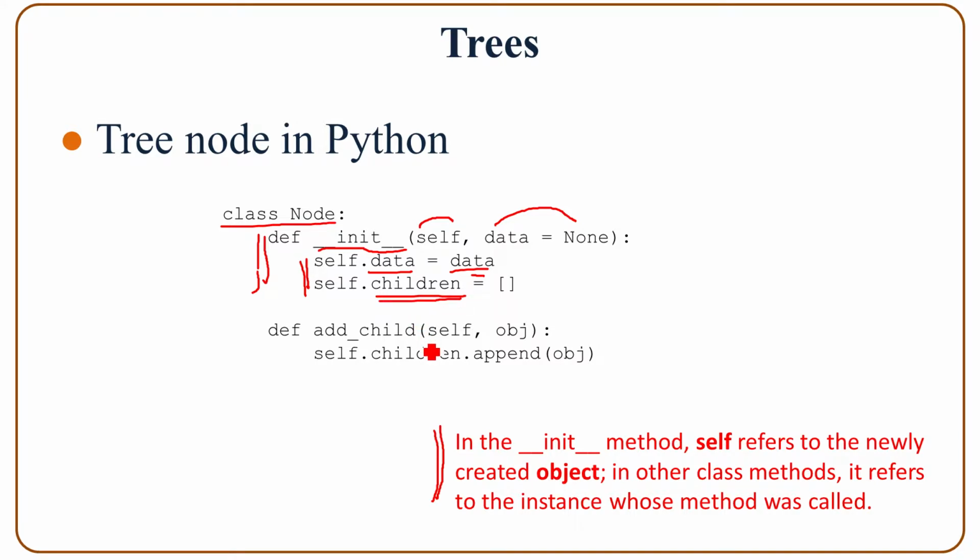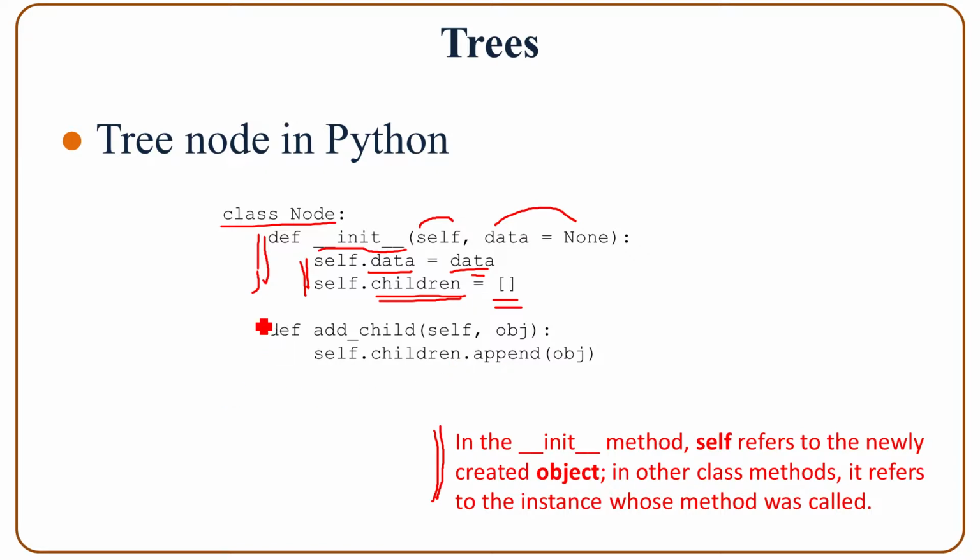The children of the node is initialized with an empty array or an empty list. In Python, we use a list to represent an array.